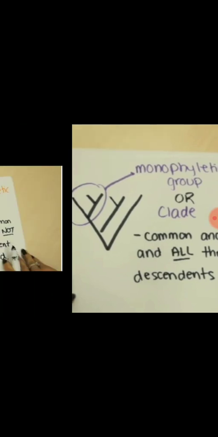Paraphyletic group: here you take the ancestor into consideration, but not all the descendants. In a monophyletic group it is the ancestor plus all the descendants; here the ancestor is included but not all the descendants. This is known as a paraphyletic group, as shown in this figure.